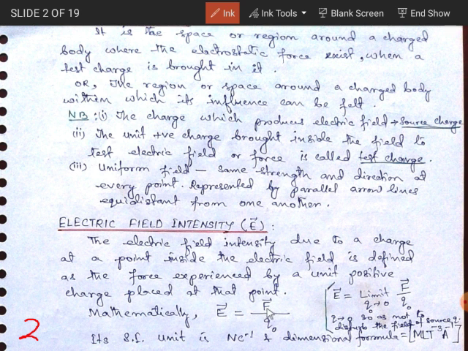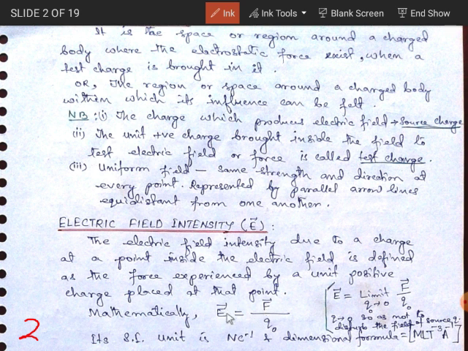The total force experienced by those 5 positive charges, you divide it by the total number of charge that you brought. That means 5. So total force divided by 5 charge will be what? Force per unit charge, right? So mathematically we write E vector is equal to F vector by Q naught. As force is a vector quantity, your electric field will also be a vector quantity.